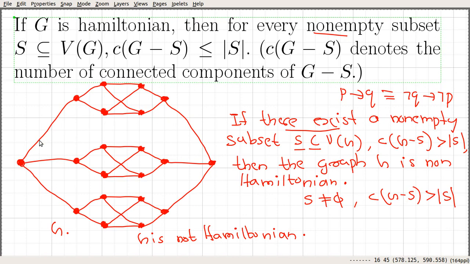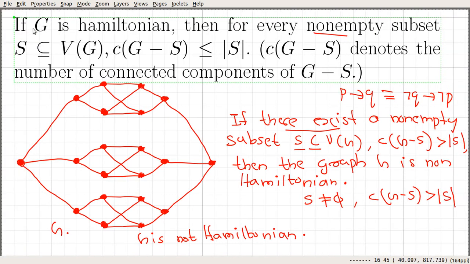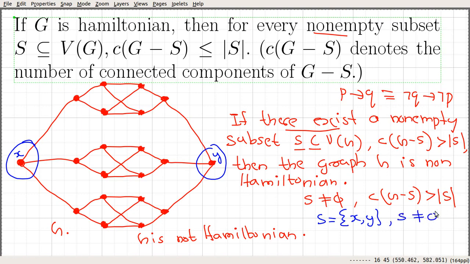Okay, so here if you choose this vertex and this vertex, let's call this vertex X and this vertex Y, we set S equal to the set {X, Y}, and again we can see that S is not empty.